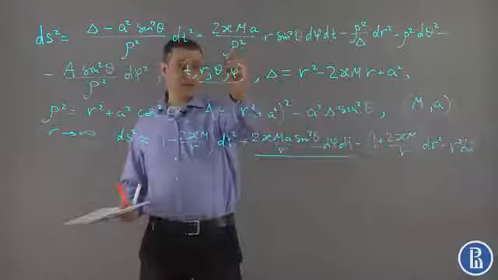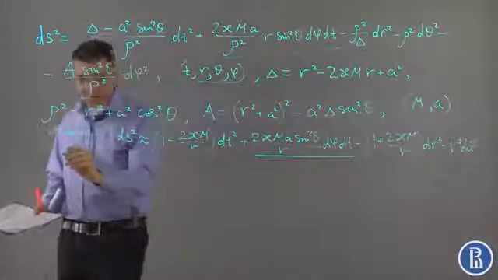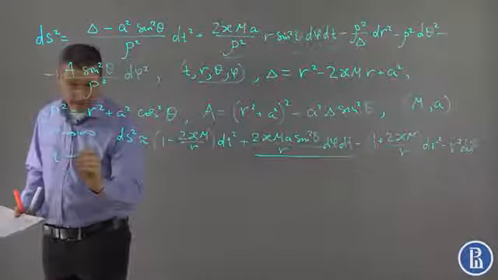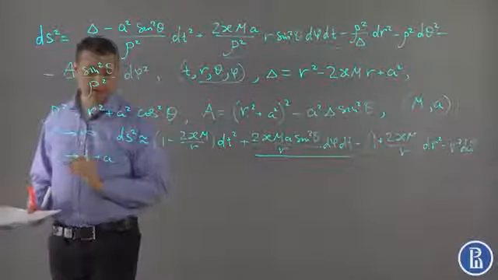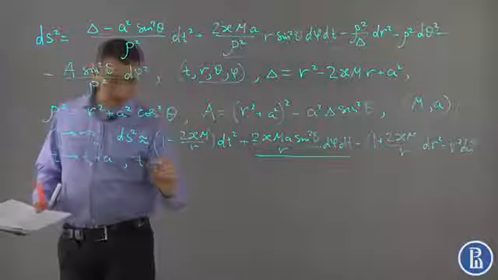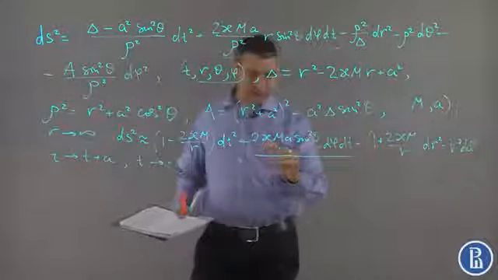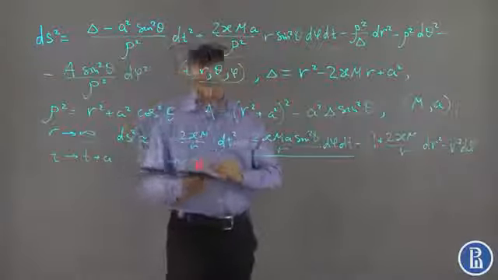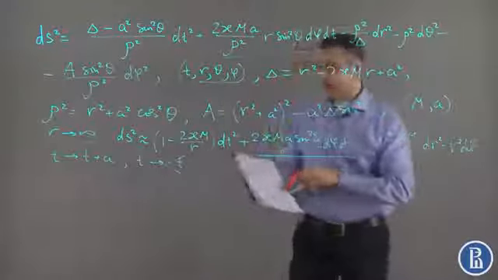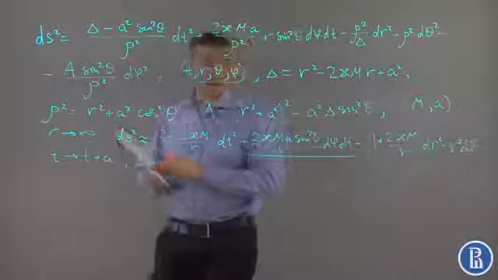Also notice that because of the presence of this term, the metric, although it is invariant under the time translations, is not invariant under the time reversal. This term makes this metric stationary but not static.